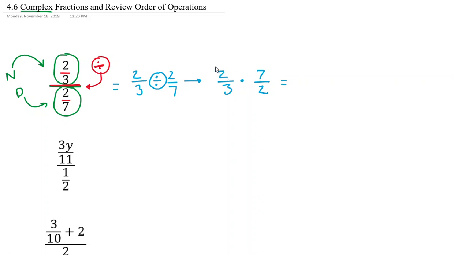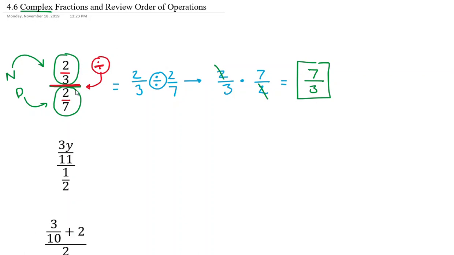The numerator is 2 times 7, the denominator is 3 times 2, so if we cross off the 2's, we're just left with 7 on top, 3 on the bottom, and that's our answer, 7/3. So 2/3 over 2/7 is equal to 7/3. That's it. Pretty simple. It's not complex.